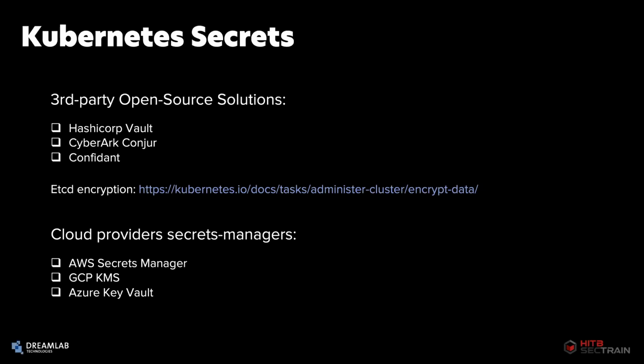So it depends on us. I recommend using a third-party solution. Of course, I recommend encrypting the etcd, but on top of that, also use a third-party solution to manage Kubernetes secrets if we are using Kubernetes in a production environment, right?